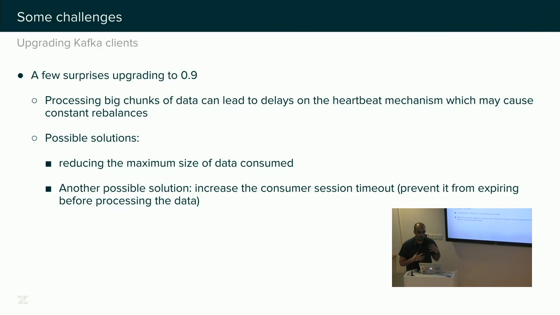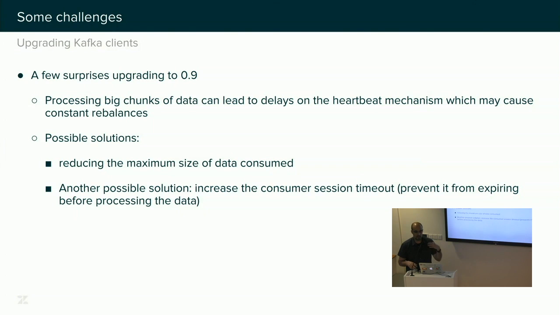So processing those big messages introduced some processing delays in dealing with those messages. And because the consumer at this time in 0.9 is single-threaded, the polling mechanism was not happening.